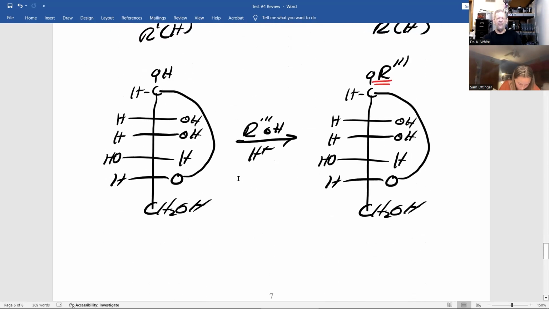So if you start with the cyclic form of glucose, react it with alcohol and acid, you'll form this right here, this acetal. And this is the reaction that allows you to put glucose molecules together to make starch. And you should know it.